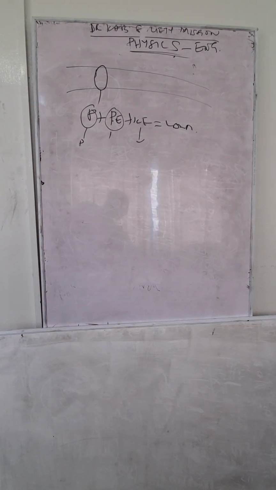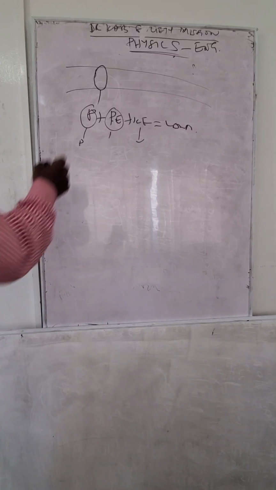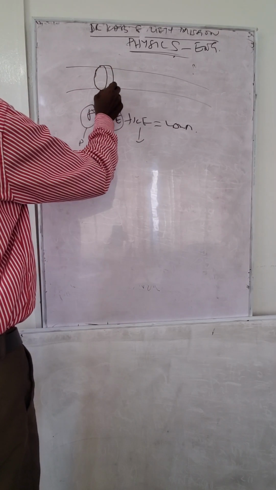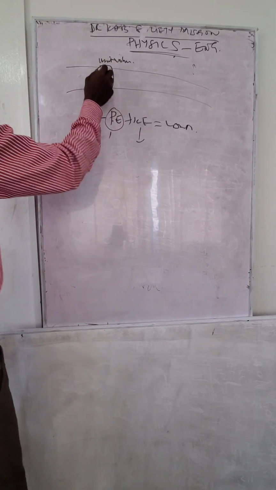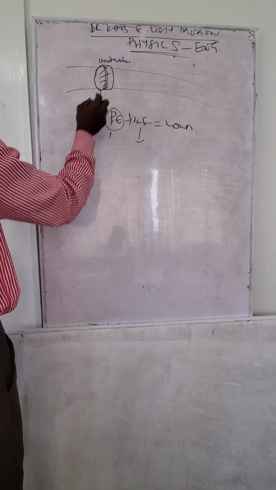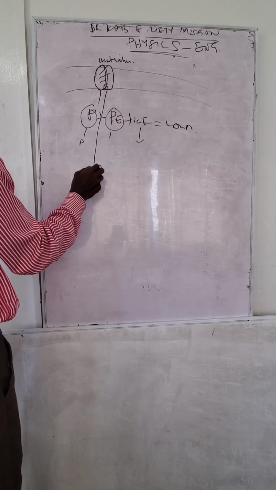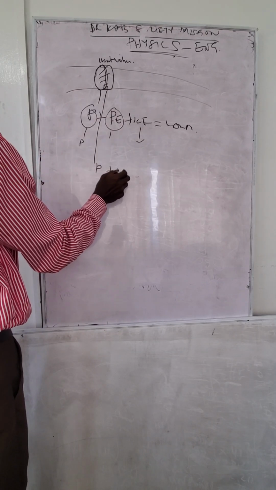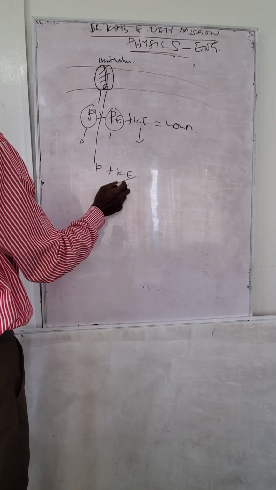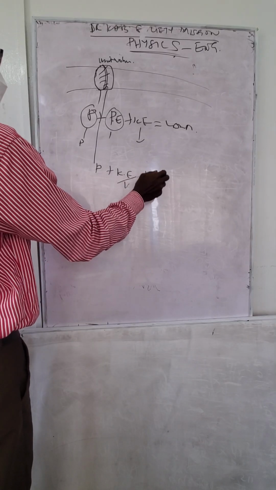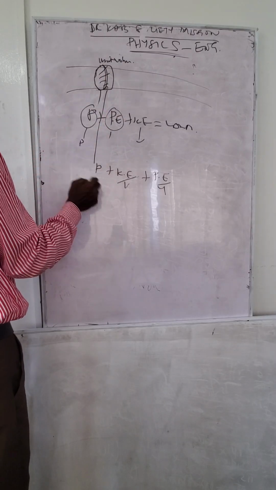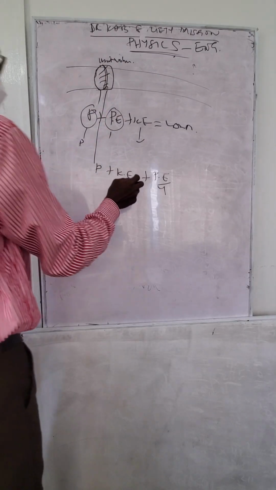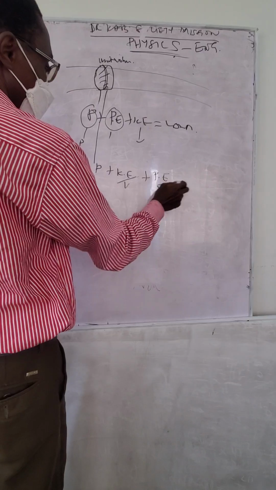What does that mean? This means that we are looking at pressure per unit volume. If you take this as the unit, the pressure here plus the kinetic energy per unit volume plus the potential energy per unit volume must be constant.